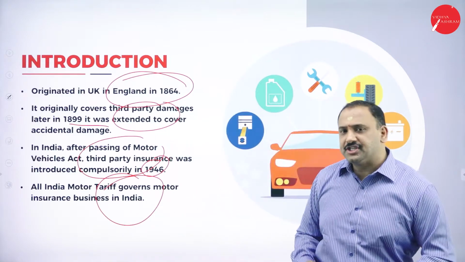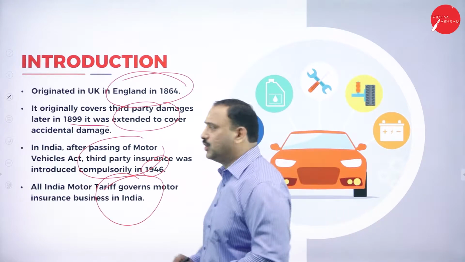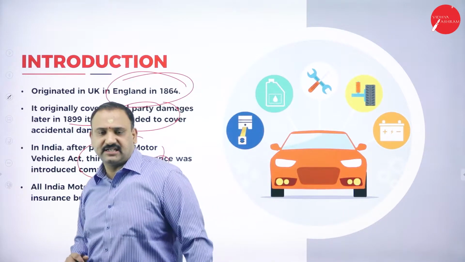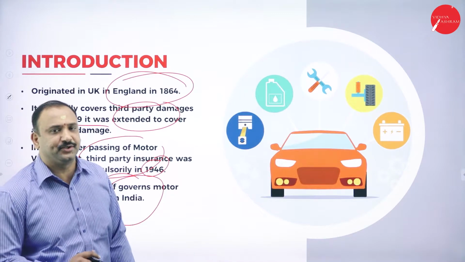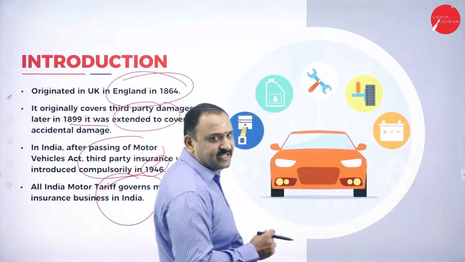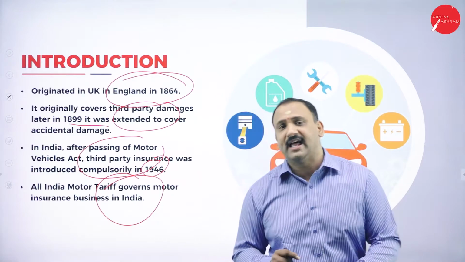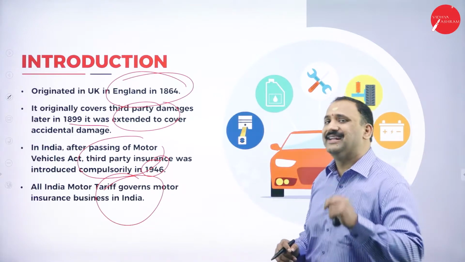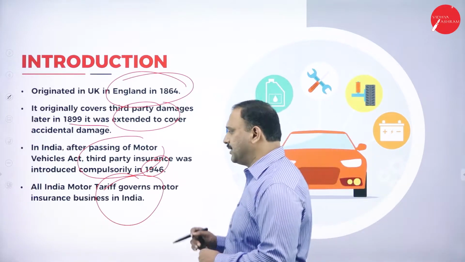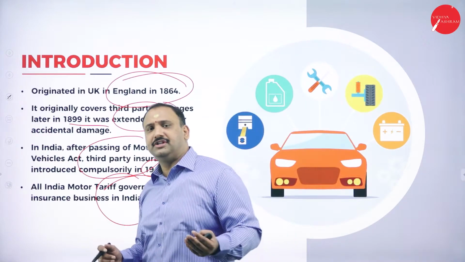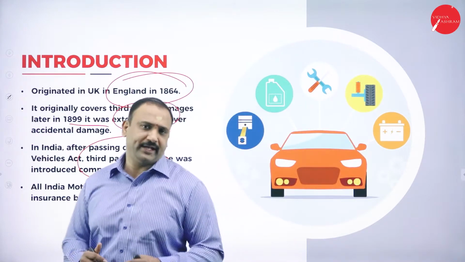So the origination happened in England way back in 1864, then accidental damage claims started in 1899, and after 1946 in India, with the Motor Vehicles Act being passed, this was made mandatory. Thereafter it has been governed by the All India Motor Tariff Group.